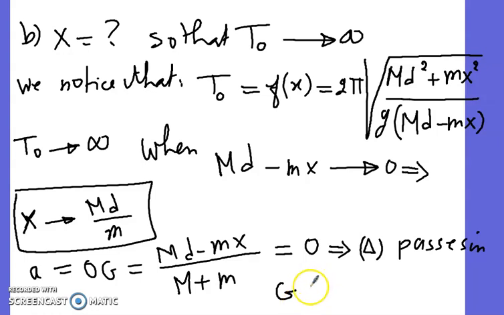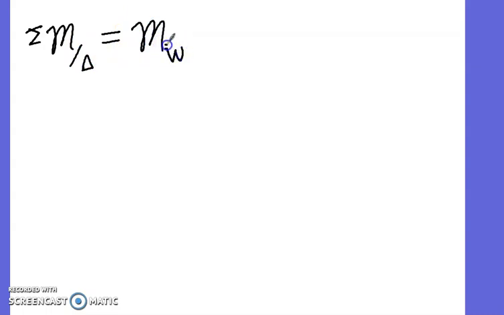But you know that in this case, if the axis passes through G, the sum of moments with respect to delta, which represents in this case the moment of the weight of the pendulum plus the moment of the reaction of the axis delta, equals 0, since in this case W and R intersect delta.